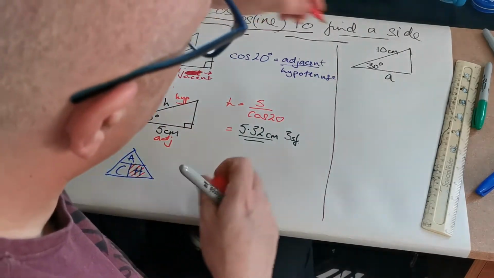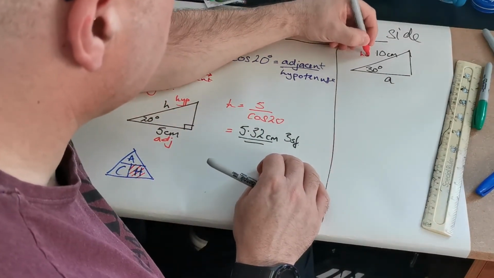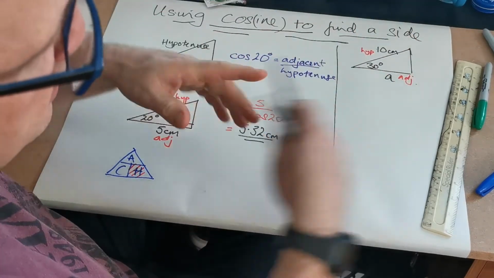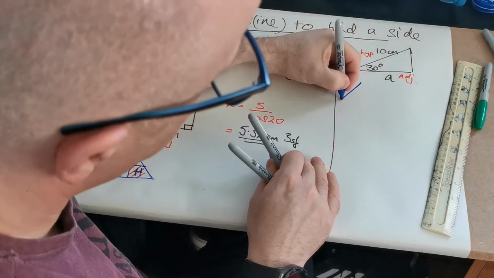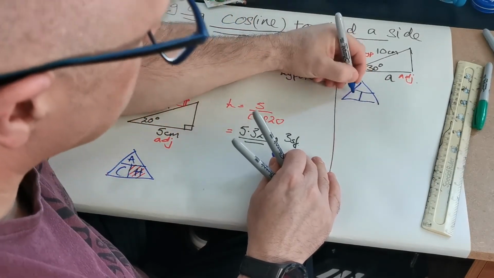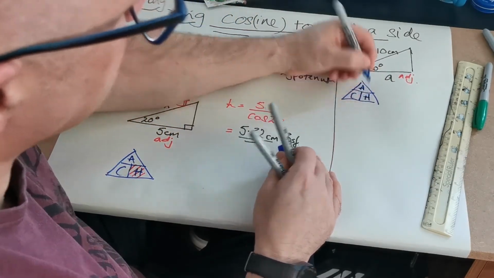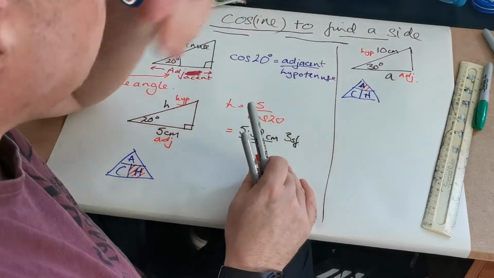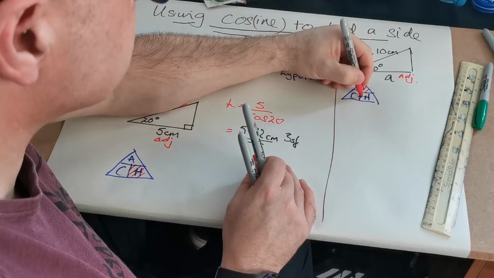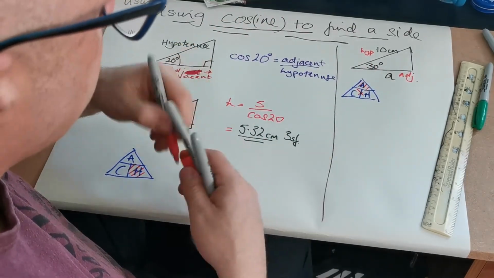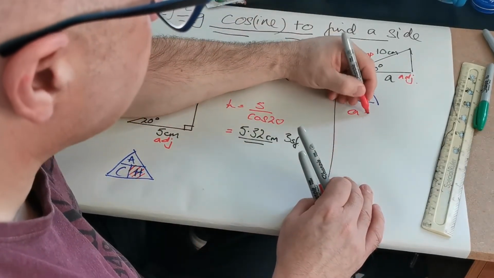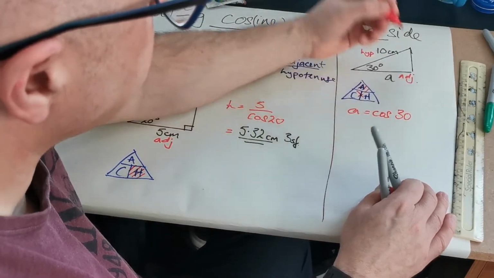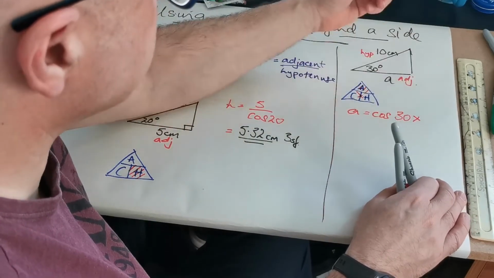Again, I would start off by labeling my sides, hypotenuse and adjacent, and I would draw my algebra triangle, CAH. That's the same every time. I'm finding the adjacent, so I'm going to cover that over. These two are on the same line, so I'm going to use that as times. So I'm going to say that A is equal to cos 30 times 10.